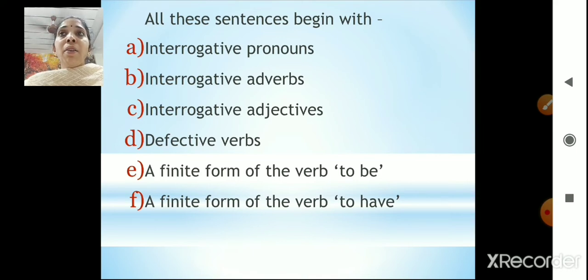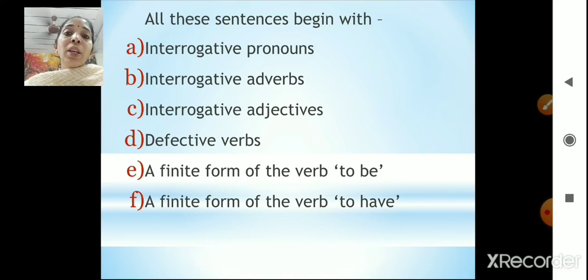And there are in all just 5 interrogative pronouns. And what are they? Let me tell you. They are what, which, who, whom and whose. So these are the 5 interrogative pronouns. The next is interrogative adverbs.